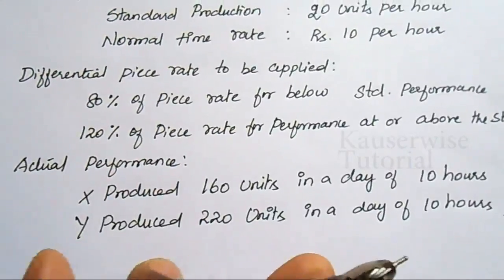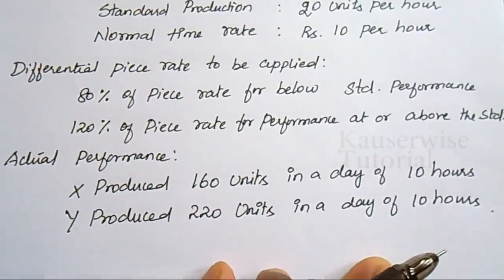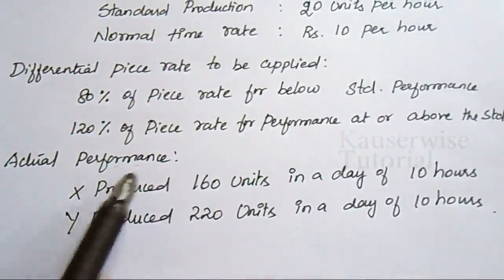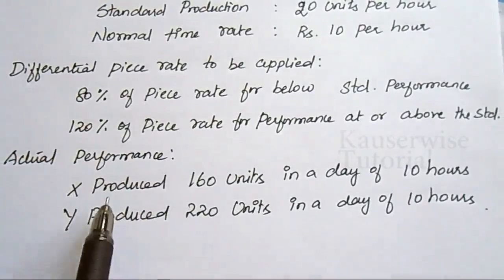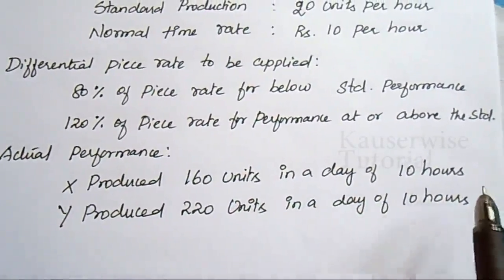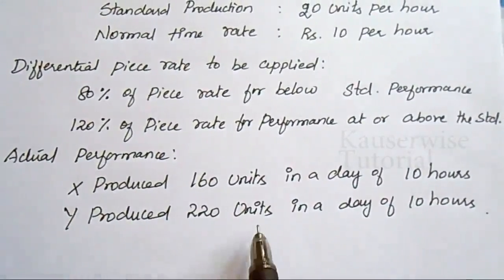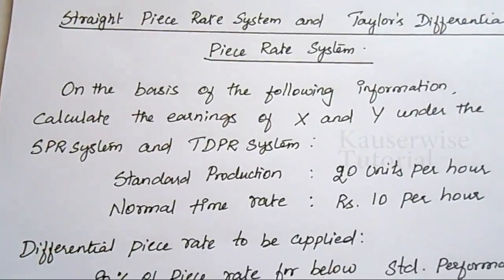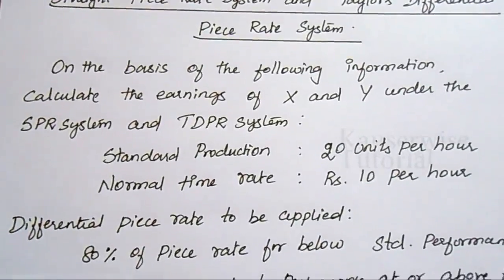Only when you have the actual performance and standard performance can you identify their level of performance. So actual performance of X and Y is given separately. X produced 160 units in a day of 10 hours and Y produced 220 units in a day of 10 hours. With this information, they ask you to calculate wages for X and Y.